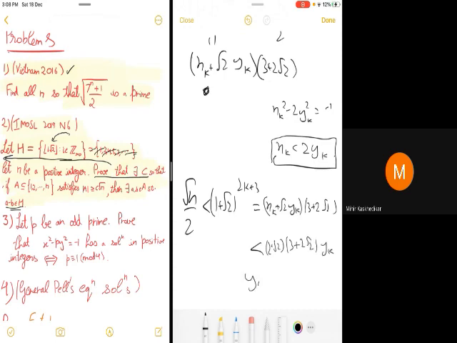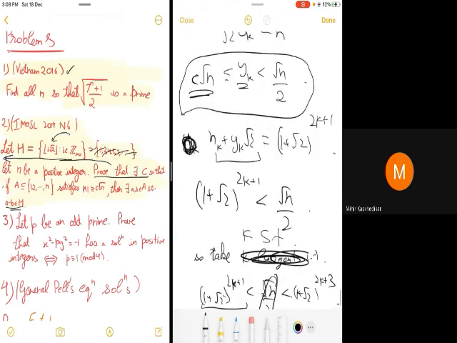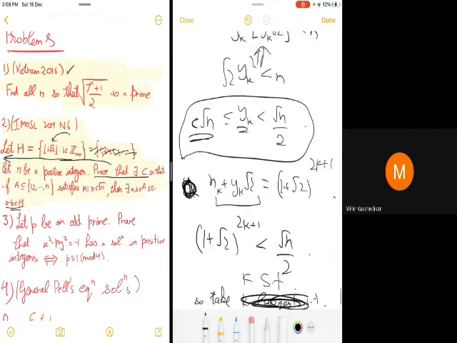So yk is greater than root n over 2 times 2 plus root 2 times 3 plus 2 root 2, and this is all we wanted. Okay, so we are done.